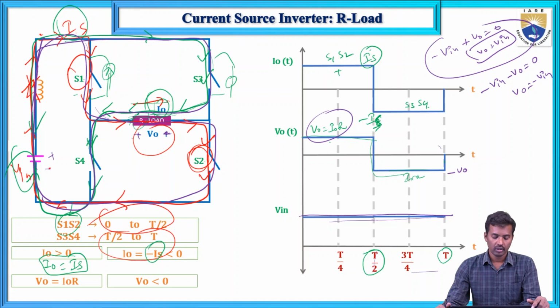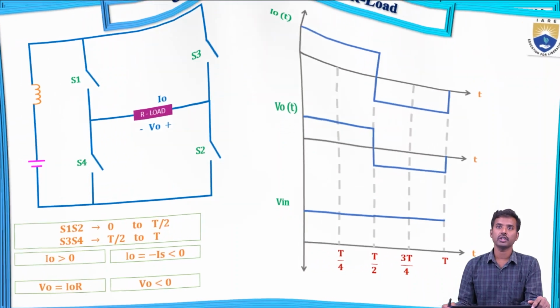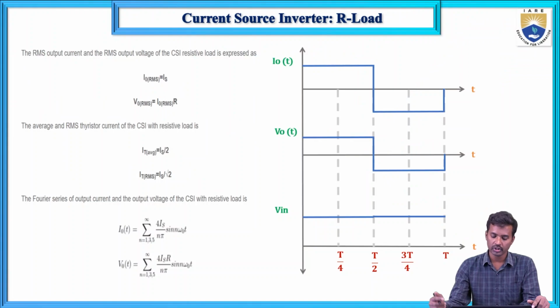Now what are the formulas related to this current source inverter? This is IS, and here is the RMS output current. If you calculate the output current for the CSI, the maximum value is IS. This is a square waveform, and if you calculate the RMS value, you will get the IS value.